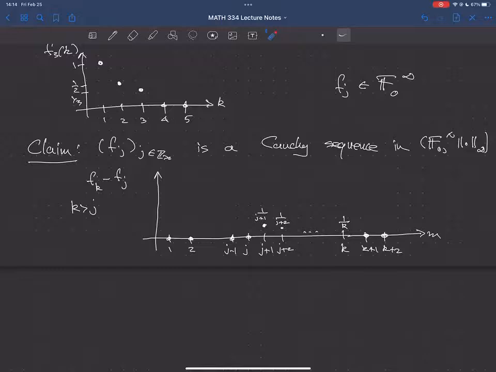Okay, so this is the thing I need to understand in order to understand how this thing is a Cauchy sequence. Okay, good.